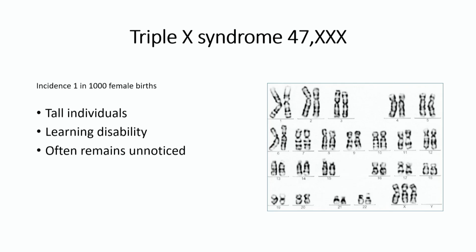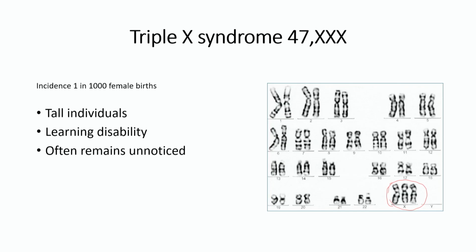Let us come to triple X syndrome. This is another syndrome where the chromosome number is 47 and this has XXX, that means 3X chromosomes. You can see here 3X chromosomes. This is female and the individuals are tall, with learning disability, and it often remains unnoticed.